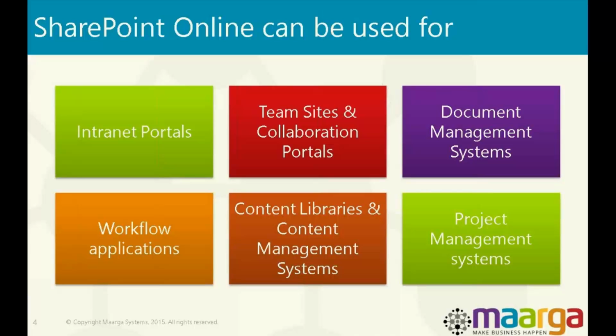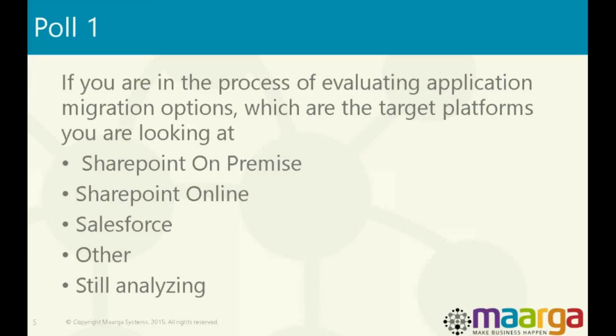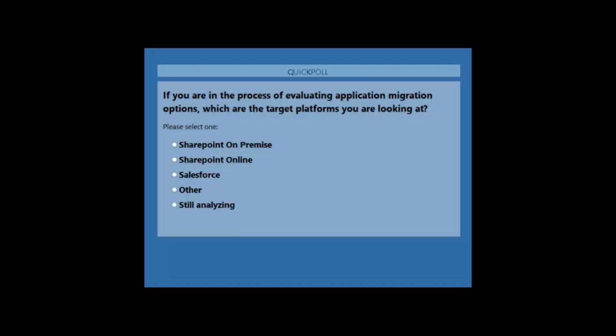So Scott, before we start off on those aspects, can you just run the first poll? Okay, we have 3 poll questions today. This is the first. If you are in the process of evaluating application migration options, which target platforms are you looking at? And I apologize, I messed this question up. You should be able to select multiple, but in this case you're going to select one. So select the one that you're most interested in.